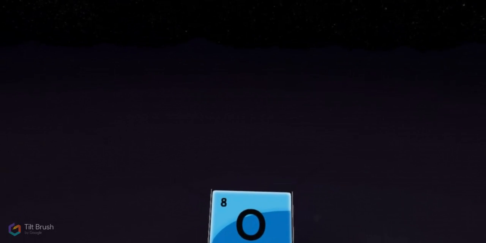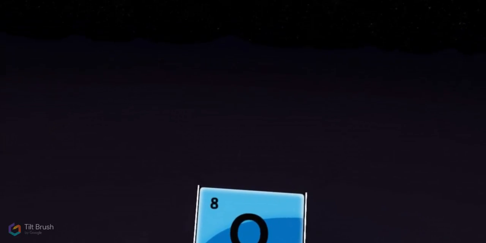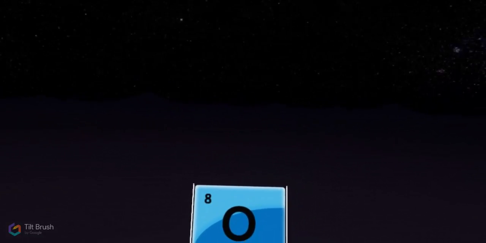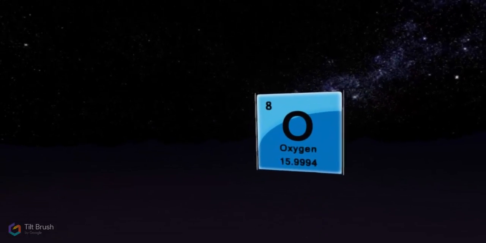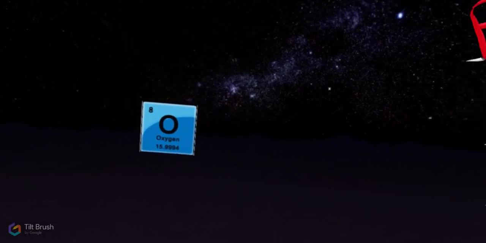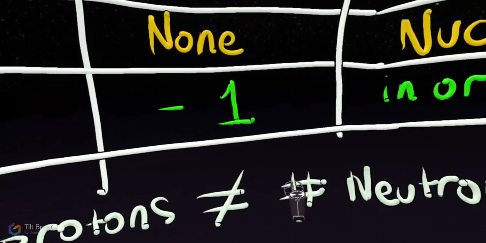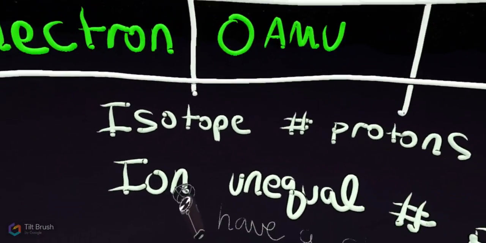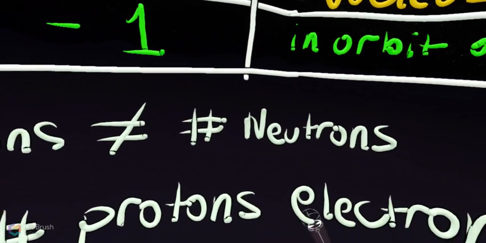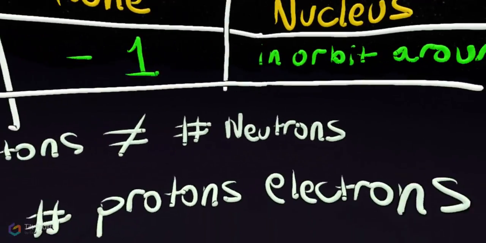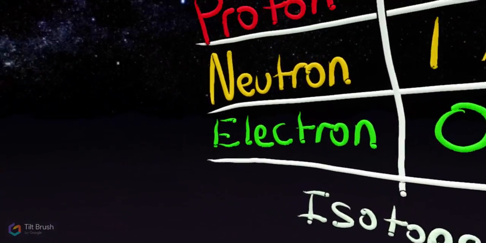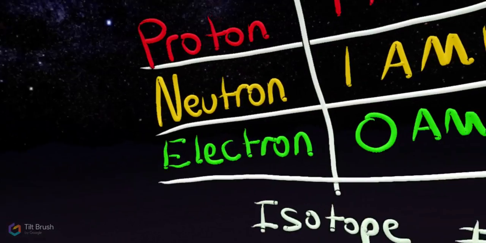That's 8. That means that it's going to have 8 protons and 8 neutrons. It's not an isotope. And I'm going to go ahead and tell you that it's also not an ion, so it's going to have the same number of electrons as it does protons as well. So it's going to have 8 of everything.